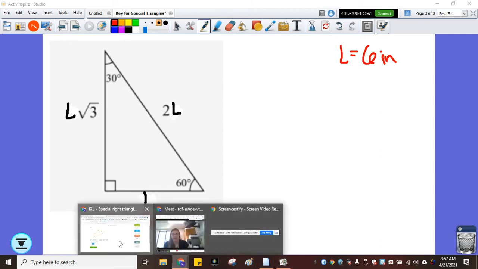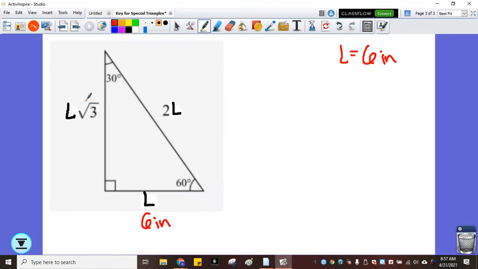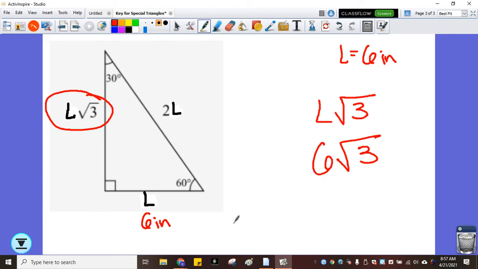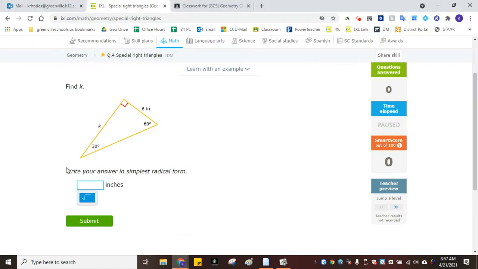Now we are asked to find the long side. The long side is L square root 3. Well, L is 6, so this is just 6 square root 3. Okay, so 6 square root 3 is our first answer. Just want to keep this clear because we're going to do a few questions. So 6 square root 3, that was an easy one.